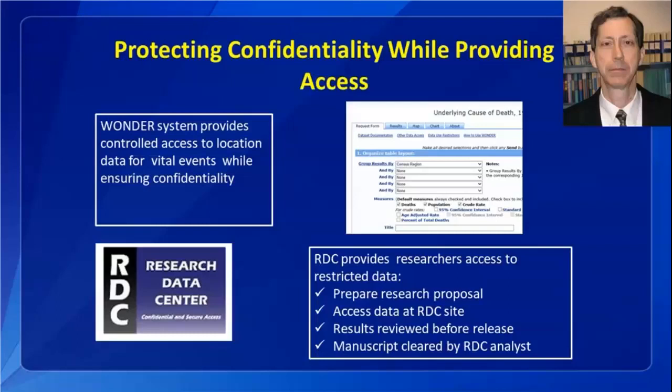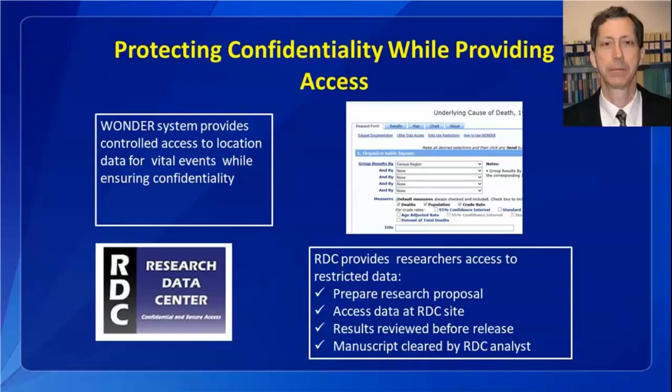And secondly, for what we might call the power users, there's the Research Data Center that provides access to restricted data under very specific conditions. The first of these is that the user has to prepare a research proposal that's reviewed and approved by the RDC staff.